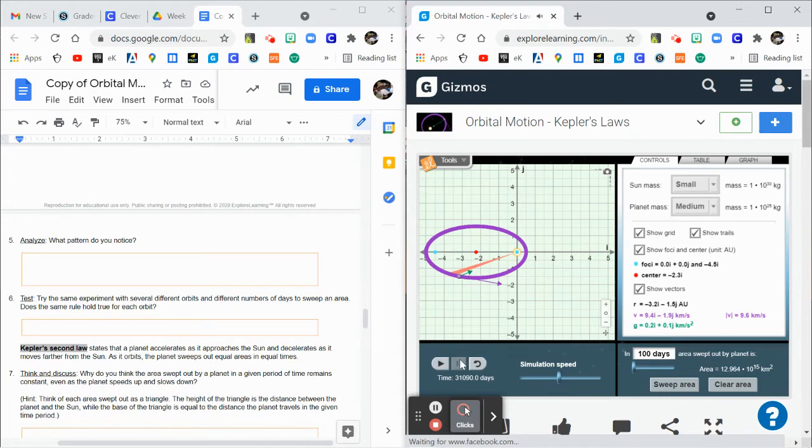So let's click on play. Let's sweep the area, and it kind of doesn't tell us the amount of days that passed, right?